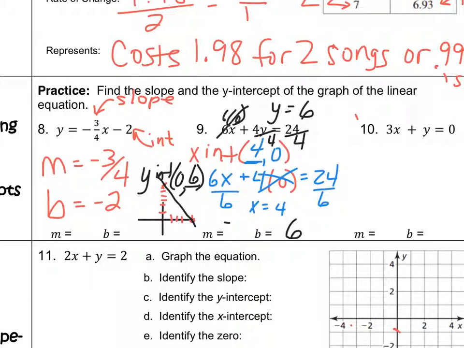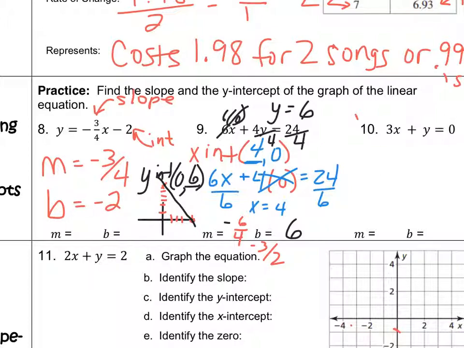So we just do our rise over run. Our rise was 6. So 1, 2, 3, 4, 5, 6. We're just counting down here from the top of our graph. So we count down 6, we count over 4. So our slope is negative 6 over 4, or that would also reduce to negative 3/2.